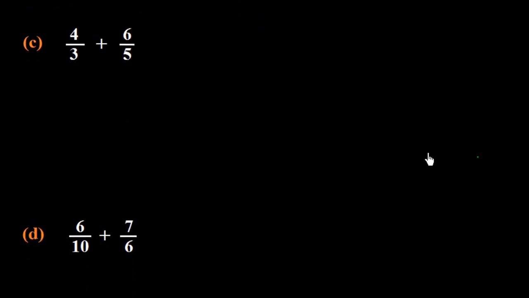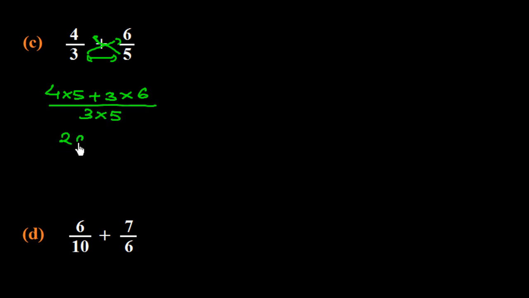Now the next one we see. Here also 4 by 3 plus 6 by 5. Here also in the denominator there is no common factor, so we will use the crisscross technique in the same way. We write down 4 into 5 plus 3 into 6 over 3 into 5. So we find 20 plus 18 over 15. So we get here 38 over 15.